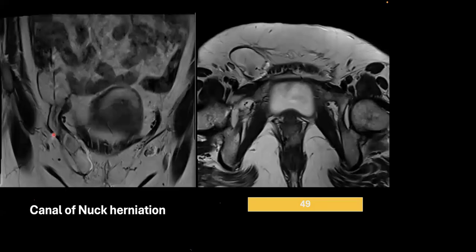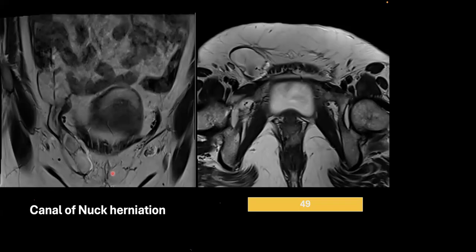Okay, so this spotter, somehow nobody got it correct, but I'm sure next time you will get it right. It is canal of Nuck herniation. So what we read about the patent processus vaginalis in males, its female counterpart is called canal of Nuck herniation.